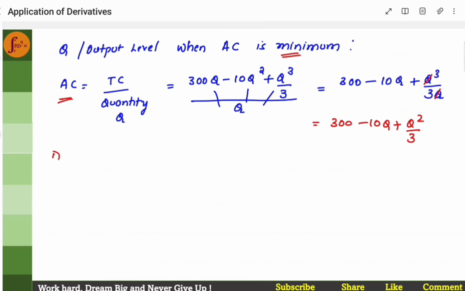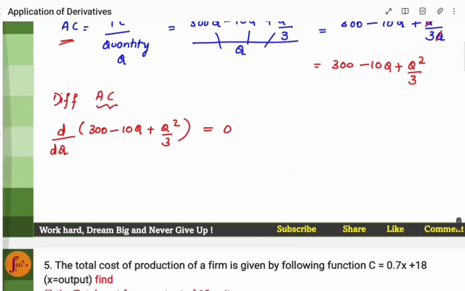Minimum means differentiate. Differentiate what? Differentiate average cost, because we need to find when average cost is minimum. So differentiate with respect to quantity the average cost, which is 300 minus 10q plus q square by 3. You have to differentiate this and always equate it to 0.